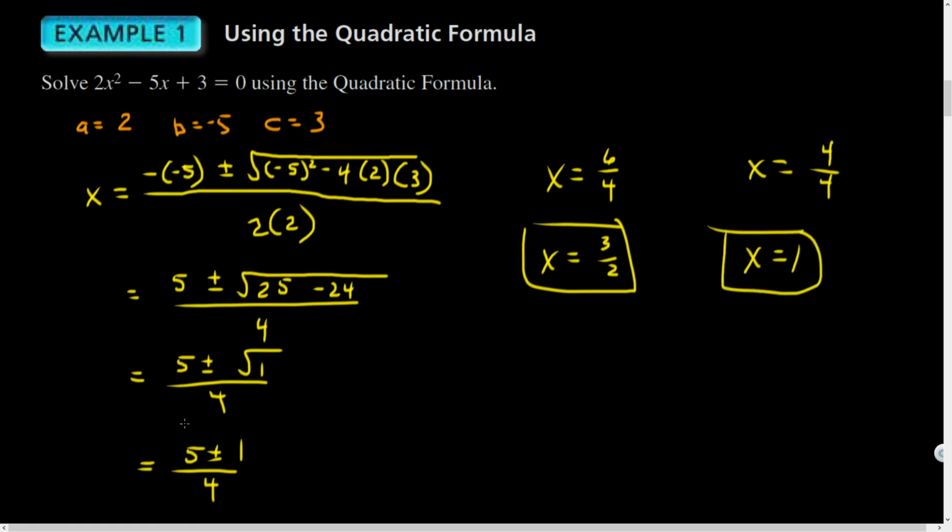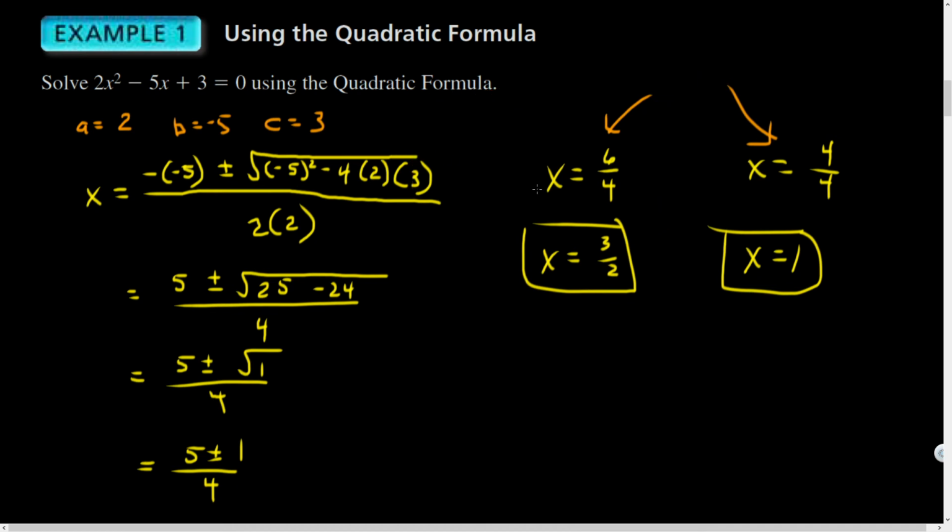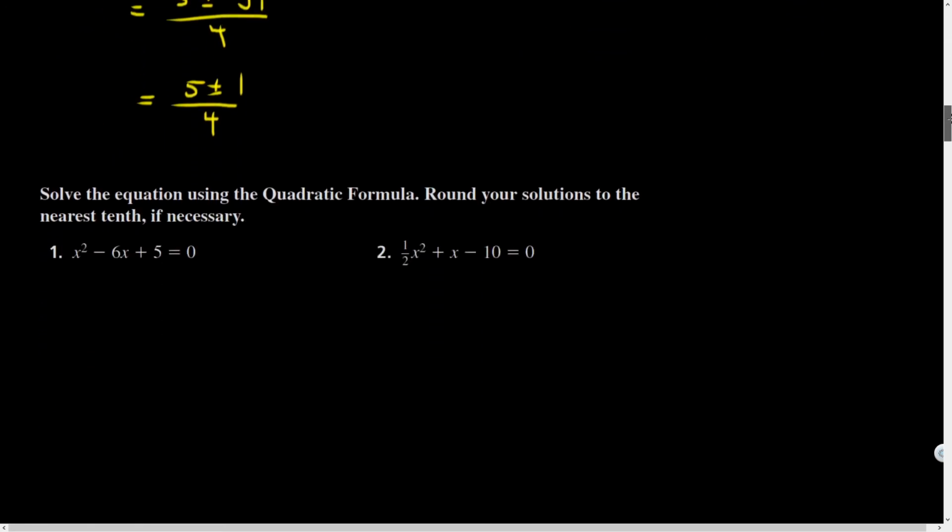Voila. And so notice just at the end here, I split it. And so, yeah, you do the plus version, you do the minus version. Good. And so 1.5 and 1 are the solutions of this quadratic.